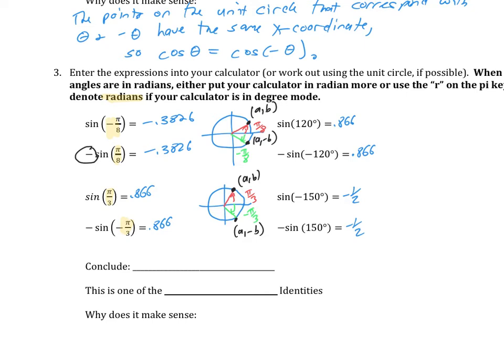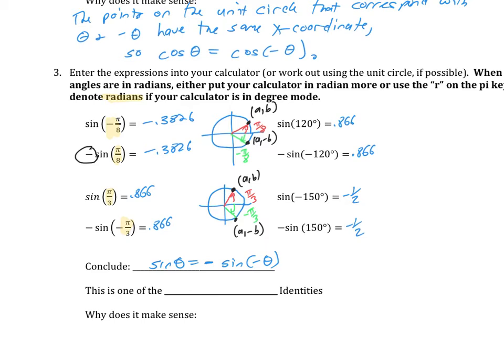The argument is similar. So we can make a conclusion here that sine of theta is going to be the opposite of sine of negative theta. That's what we're seeing, right? Because in this case, sine of theta is the opposite of sine of negative theta, and that's the case for all of these angles.